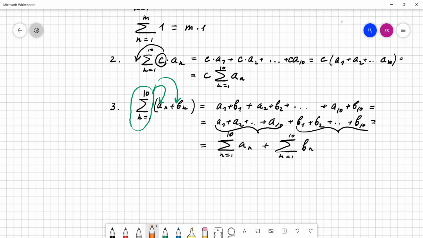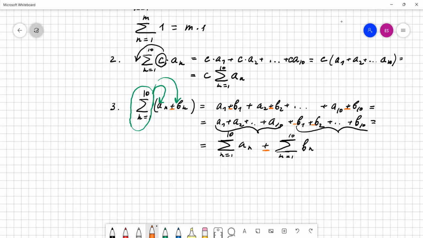If you have a minus here, it's going to be minus everywhere, and all b's are going to have a minus, which is going to result in a minus over here. So plus or minus does not matter.